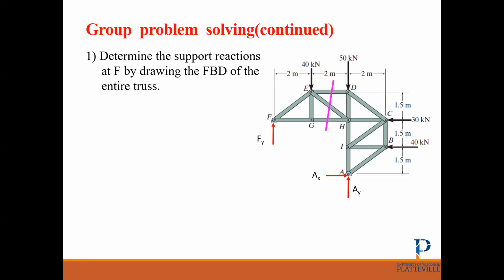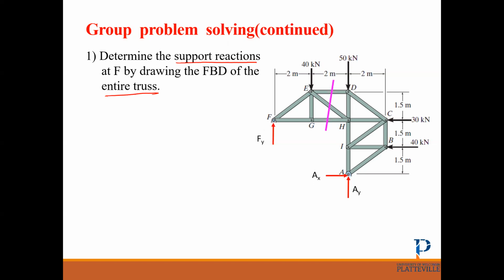But anytime you want to find the reactions, remember, you need to draw the free body diagram for the whole truss and apply all the external loads. It's not about internal load, it's about all external load. So anytime you are involved with support reactions, draw the free body diagram of the entire truss.